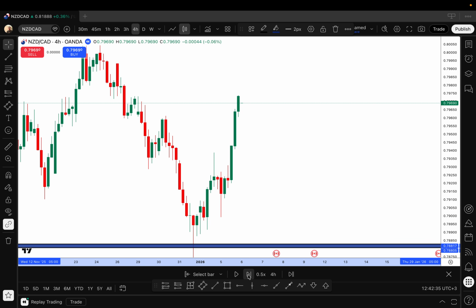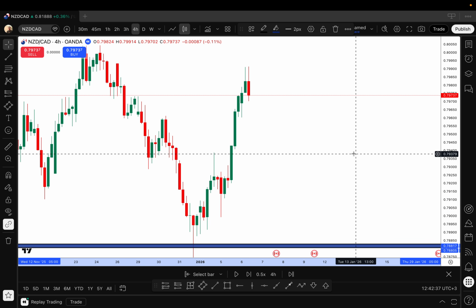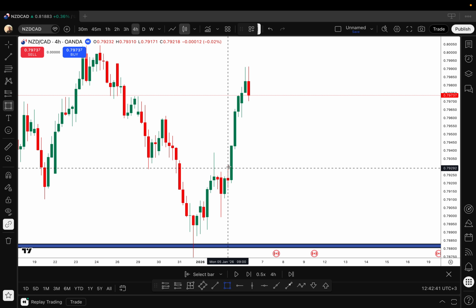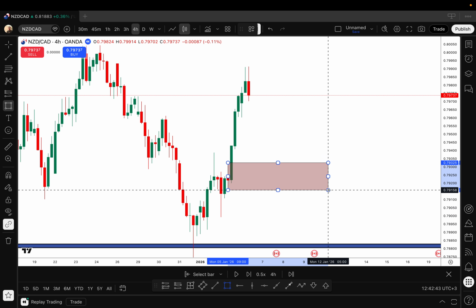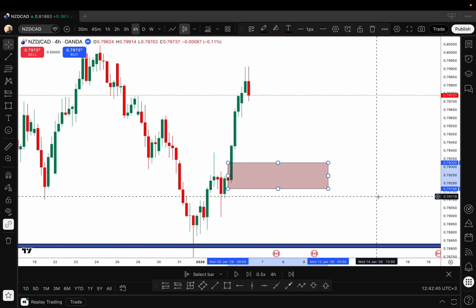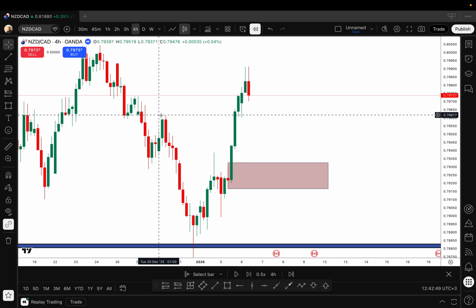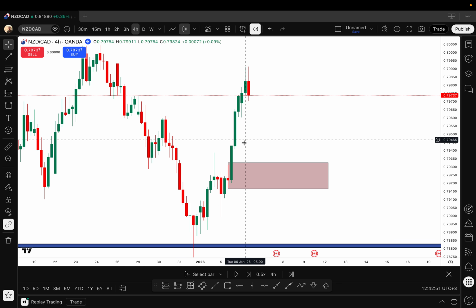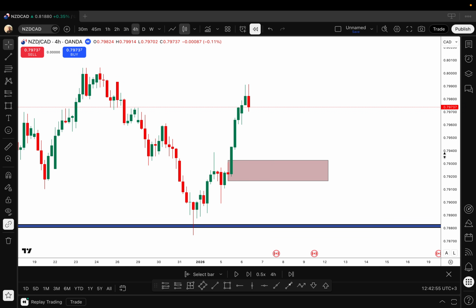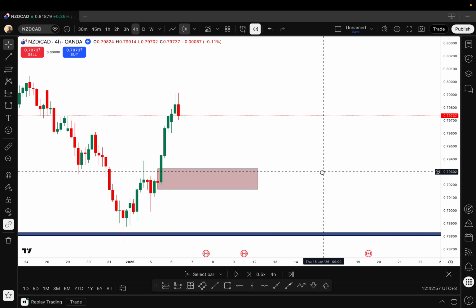Then price goes up and makes another higher high, leaving us with a demand zone. But remember, I told you this demand zone is not the one we buy from, because this is from the change of character. The demand zone you want to buy from is one that happens after the break of structure.